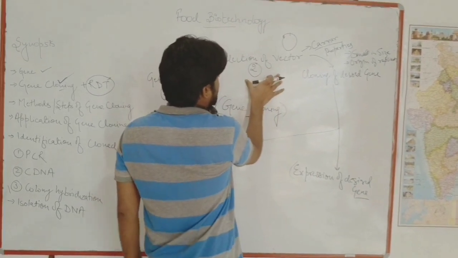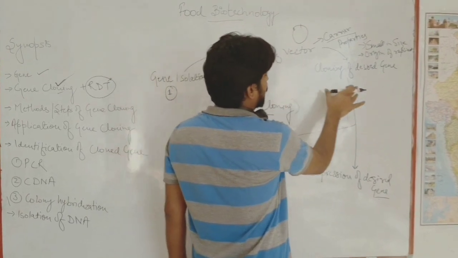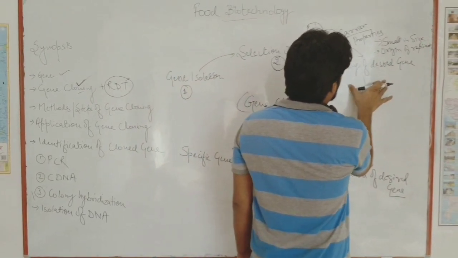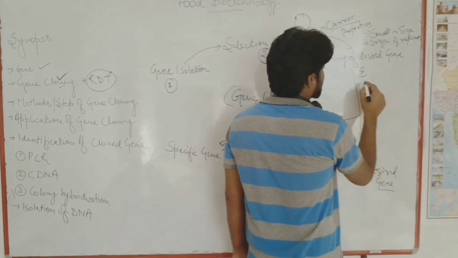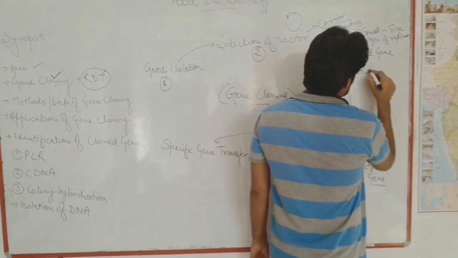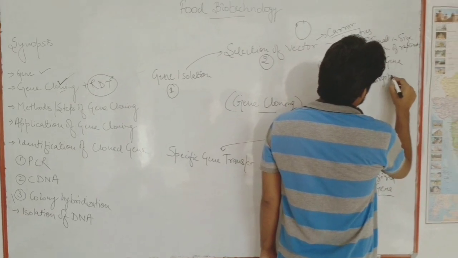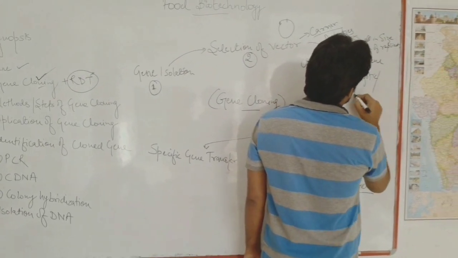So after we have done the selection of vectors, we will perform the cloning of desired genes. And where the cloning will be taken up, it will be taken up in eukaryotic or bacterial cells. Eukaryotic cells, not bacterial, either eukaryotic or bacterial cells.